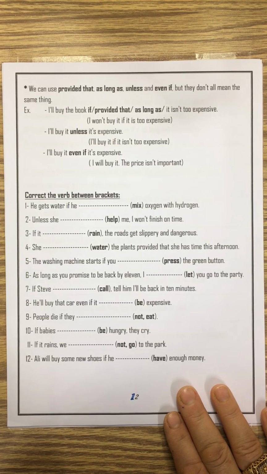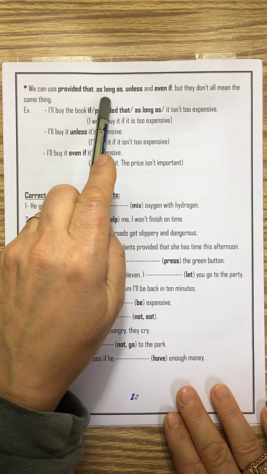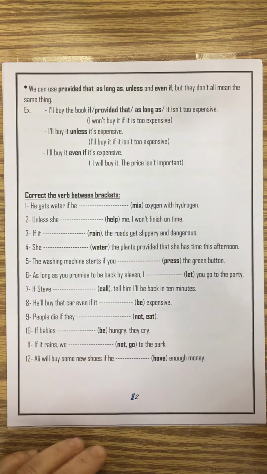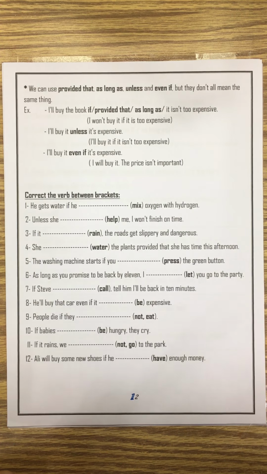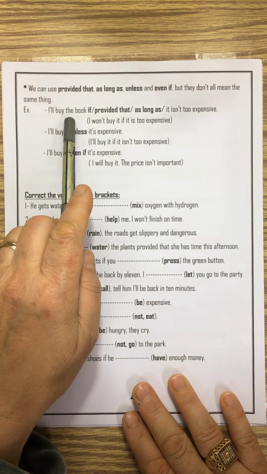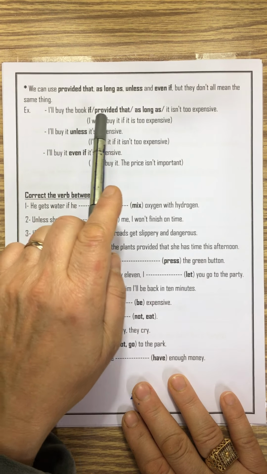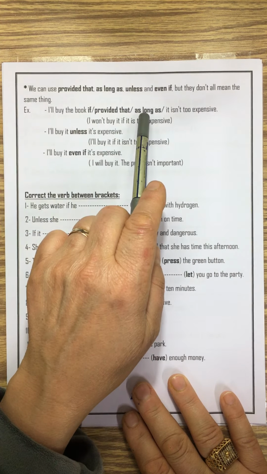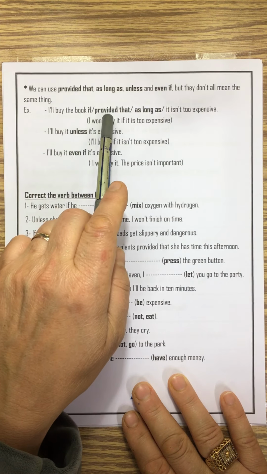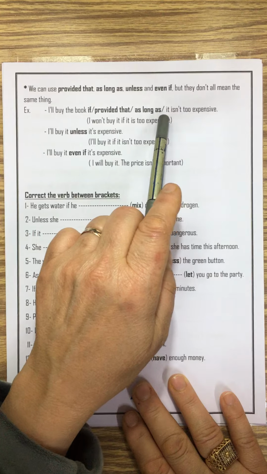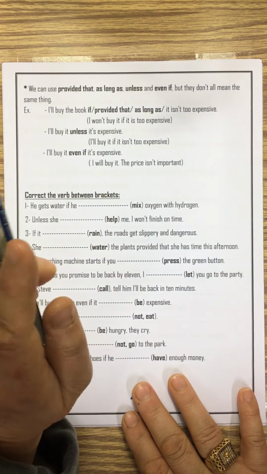We use if clause 1. These words are followed by simple present. And the other part or the other clause takes will plus infinitive. Let us see. I will buy the book if, provided that, as long as it isn't too expensive. So if, provided that, as long as, these three have the same meaning, right?